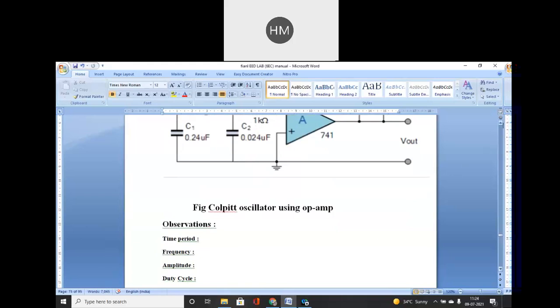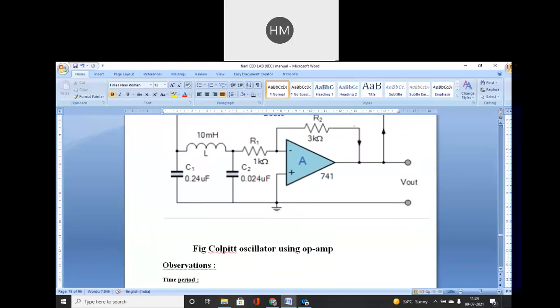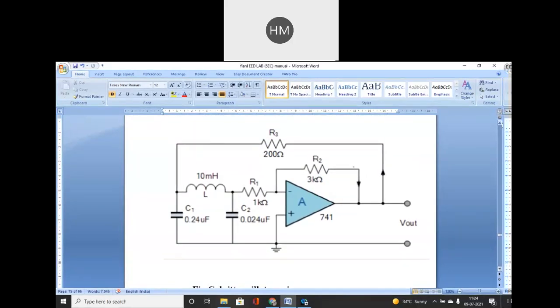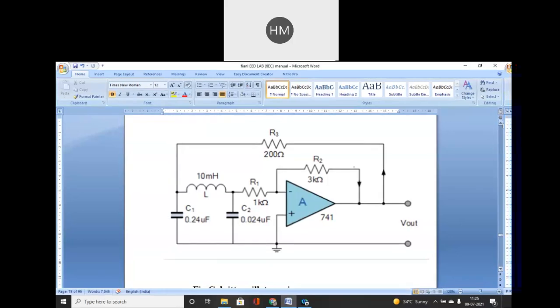This is your circuit diagram of the Colpitts oscillator. Take these values and design this circuit. Finished? So this you have to perform.